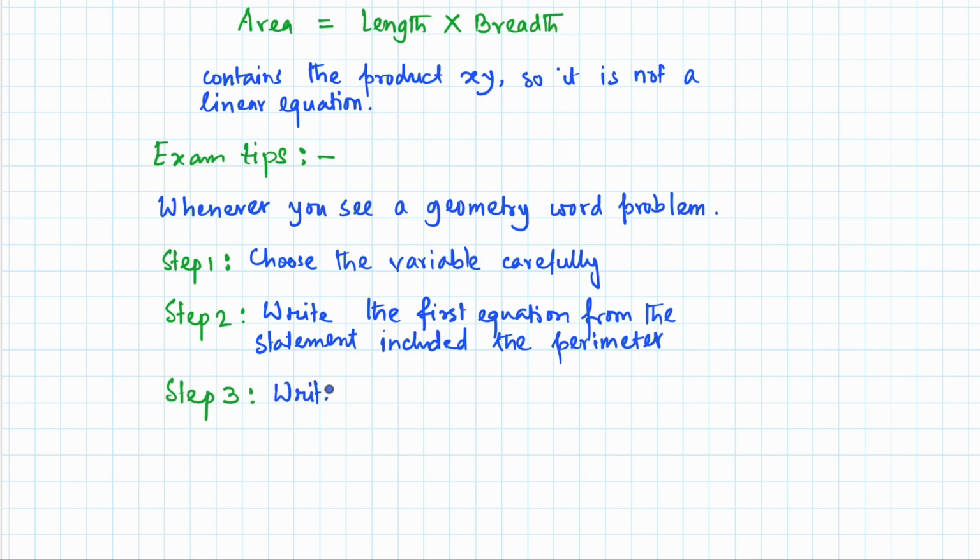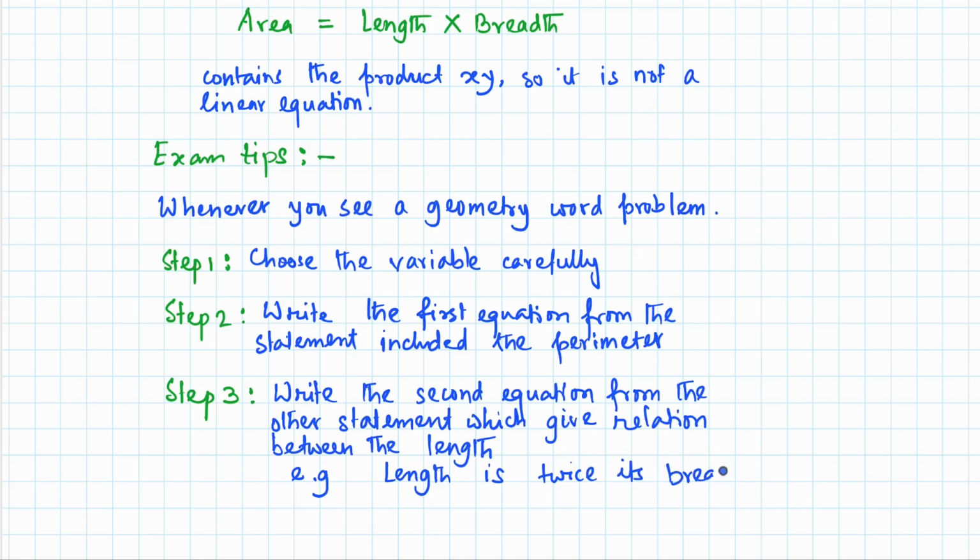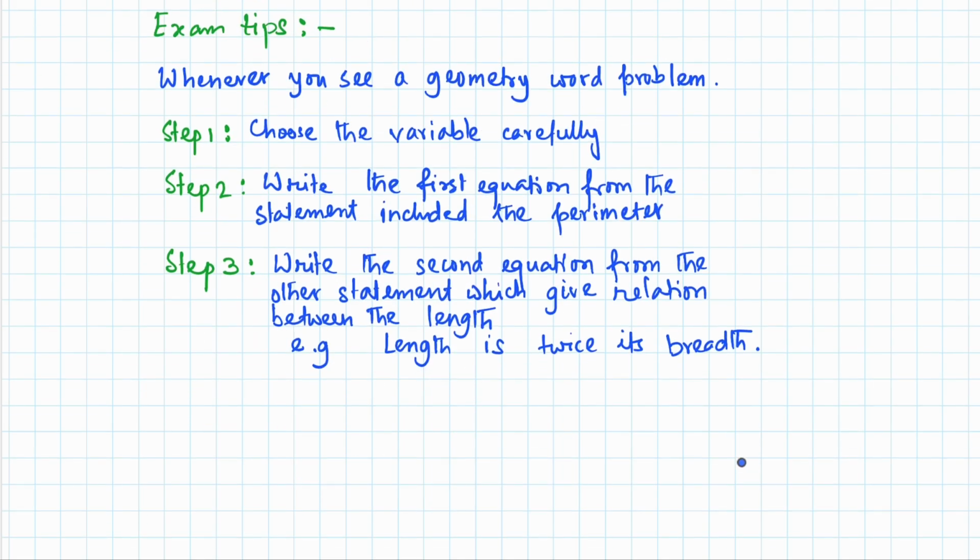Then step number 3, write the second equation from the other statement, which gives the relation between the length and breadth. For example, length is twice its breadth, so there will be a relation of the dimensions of the given geometrical shape.